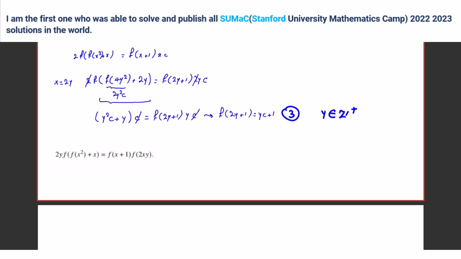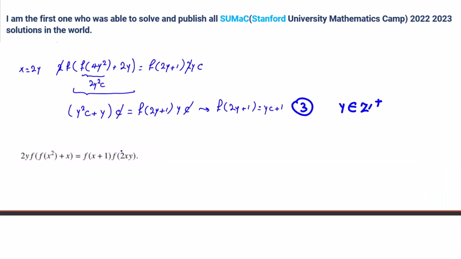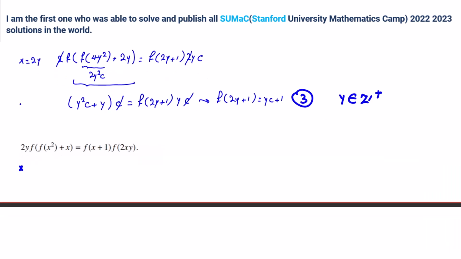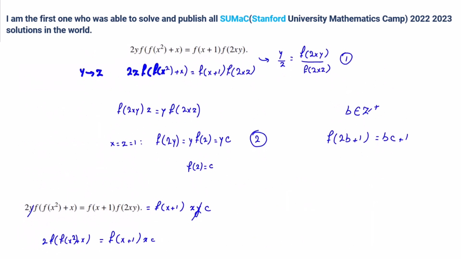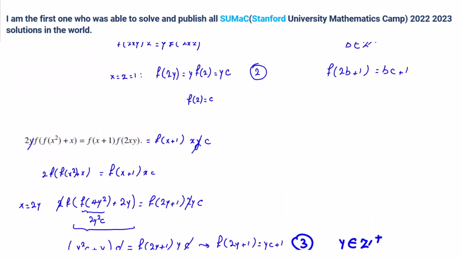Okay, one hint. When we replace x with 2y plus 1, here again we know we can cancel f of y, f of 2, or yc.